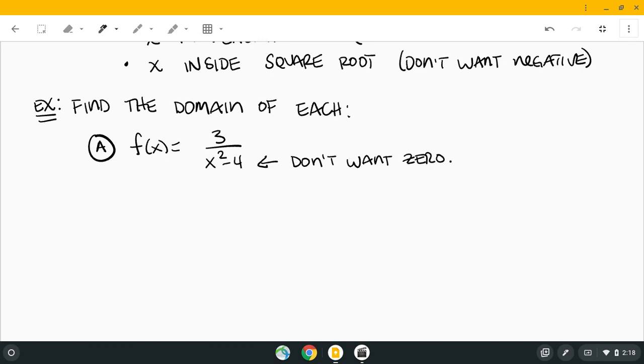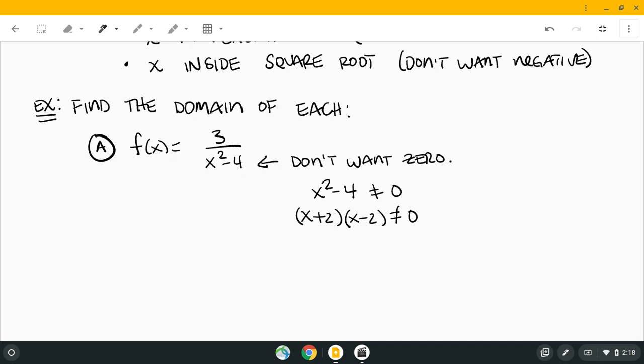So let's figure out when this denominator is going to equal 0. Okay, so x squared minus 4, we don't want it to be 0. When does that happen? Well, I can factor this: x plus 2, x minus 2.